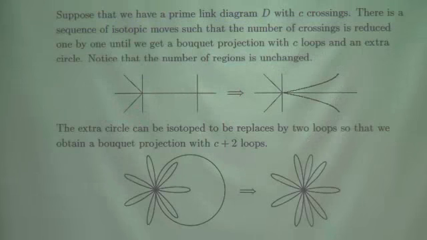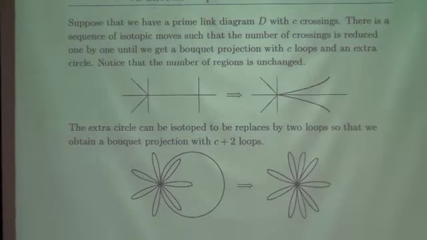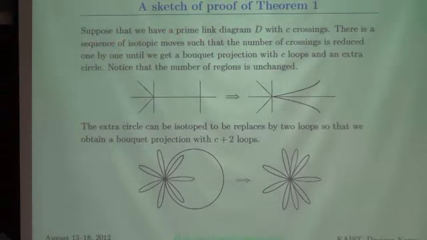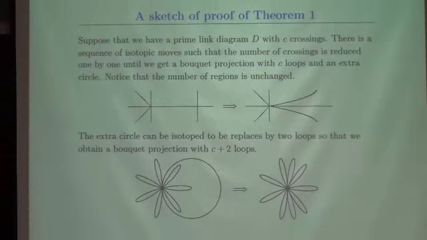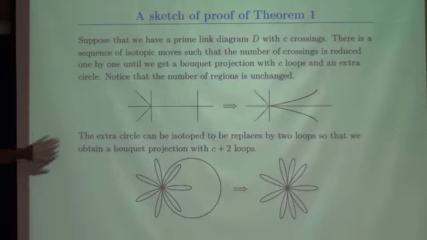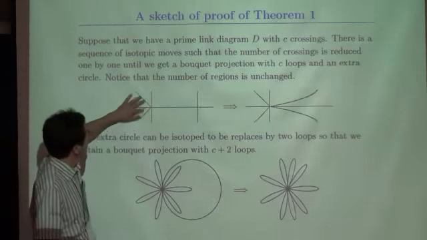Okay, so I'll sketch the proof of Theorem 1. Suppose we have a prime link diagram D with C crossings, and then just pick one crossing, and ignore these two branches.